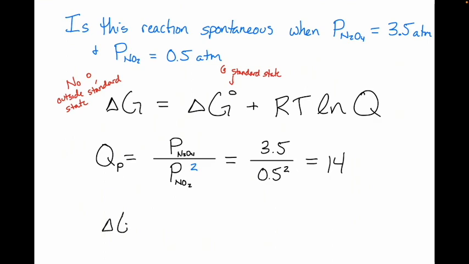So now we're going to plug in our negative 2.8. We're in kilojoules per mole here.